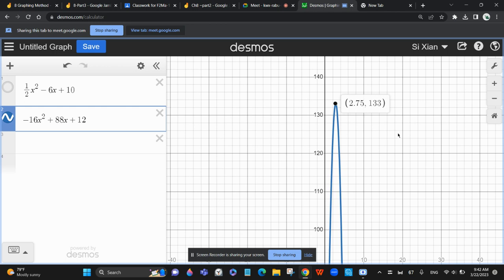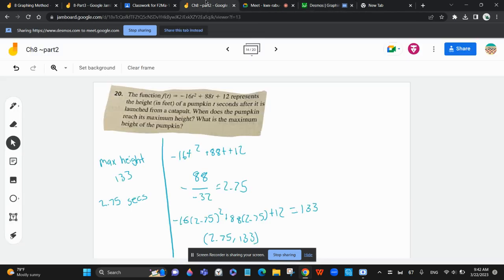And then the maximum height is 133. So we have this 2 is correct.